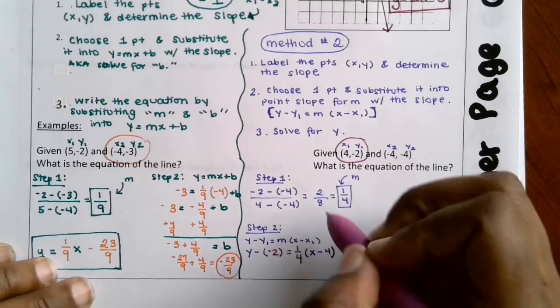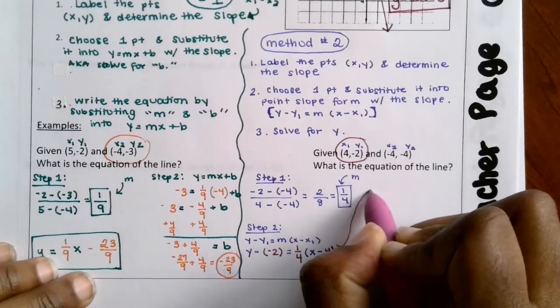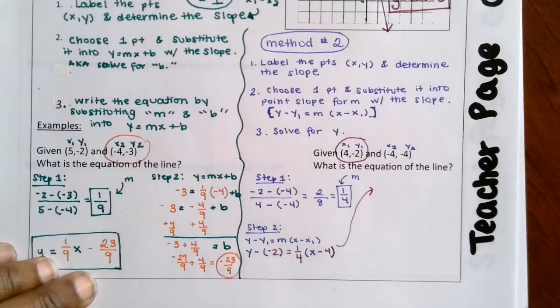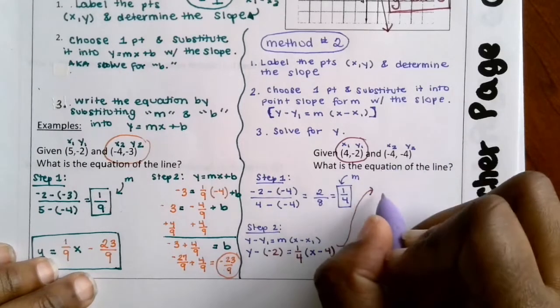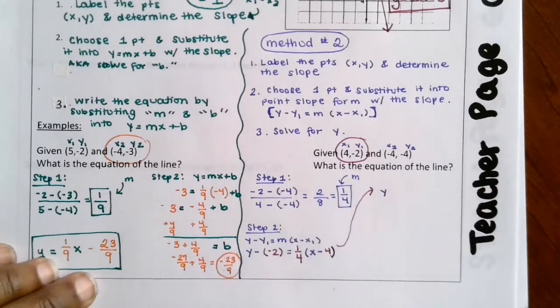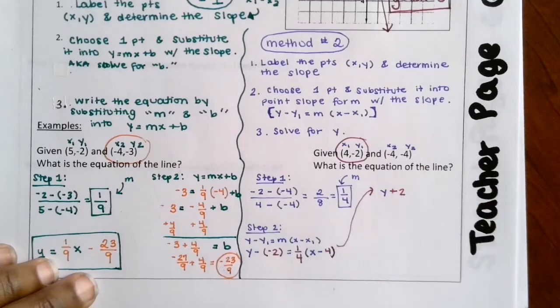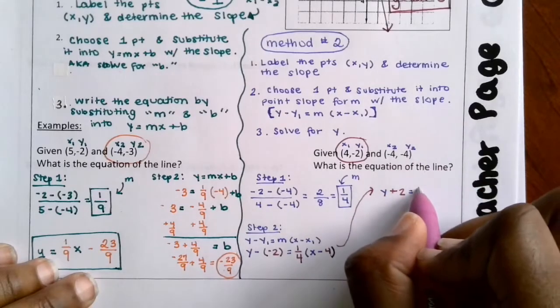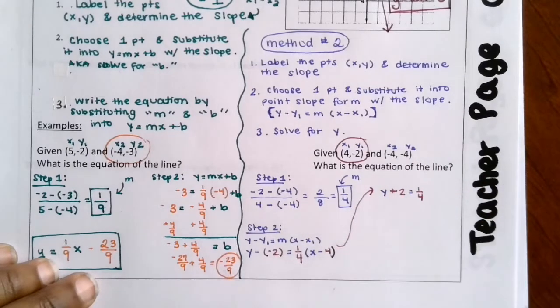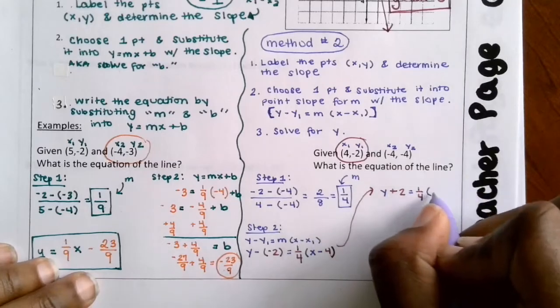I'm just going to bounce my equation further up so that way I have enough space to work. My equation becomes y plus 2, remember that double negatives become a positive, equals 1/4 multiplied by the difference of x minus 4.